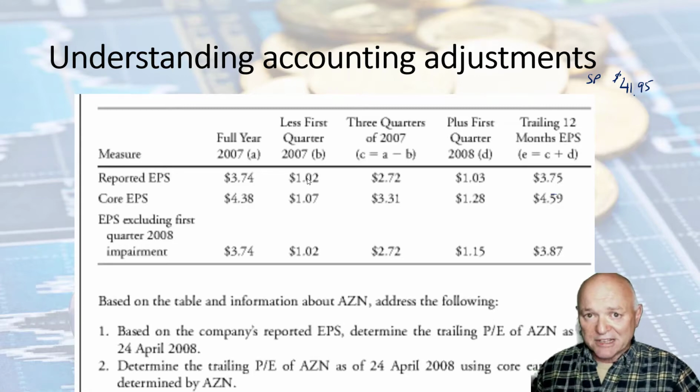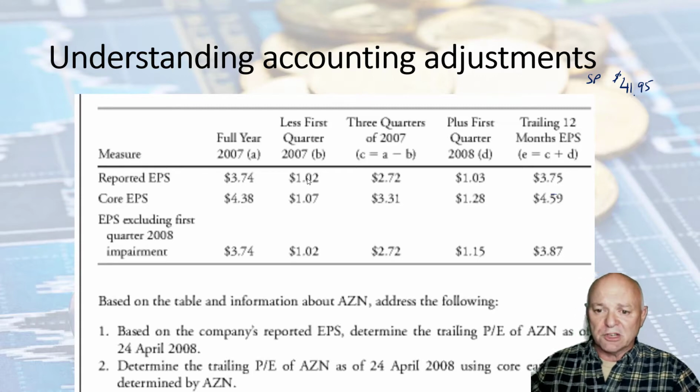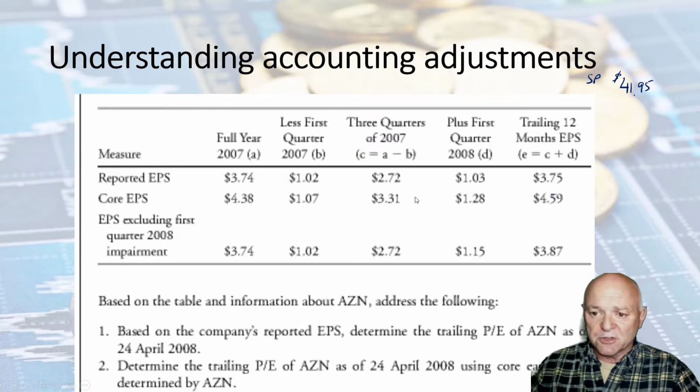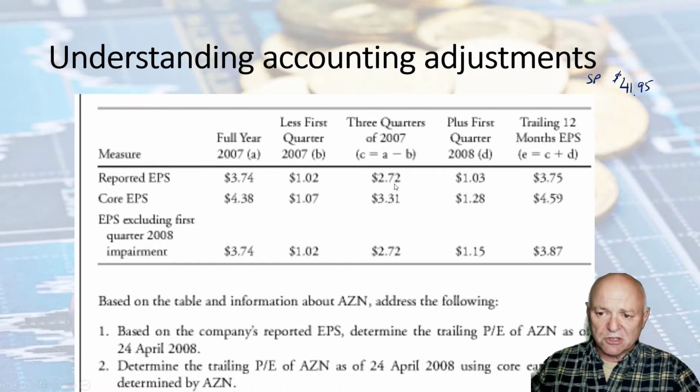And the sum of the next 3 quarters results was 272. So we've got the 3 quarters of 2007 and the first quarter of 2008 give us 375. So 374 minus 102 gives us 272.